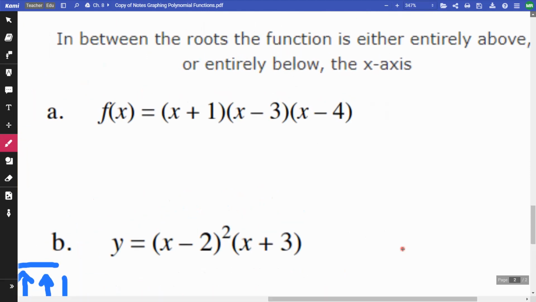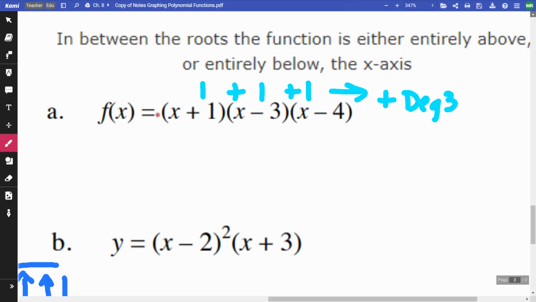So when I'm looking at this, I'm going to ask, what degree is this going to be? This is going to be a degree 1, degree 1, degree 1. So this whole entire thing is going to be degree 3. And then I need to decide if it's a positive or a negative. Looking out front, there's no negative out here. So this is going to be a positive degree 3.